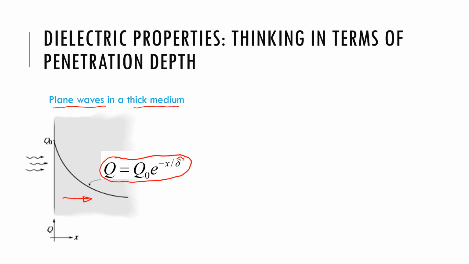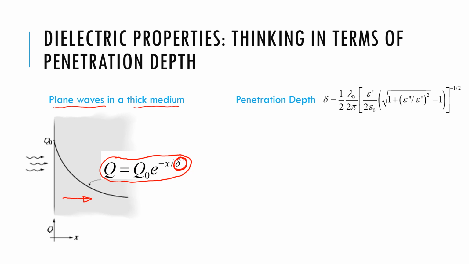So we look at this delta as the penetration depth, and that penetration depth is defined in terms of food properties this way. And by the way, the meaning of the penetration depth again is the distance delta over which the power, the heat generation rate falls to 0.37 of its original value.